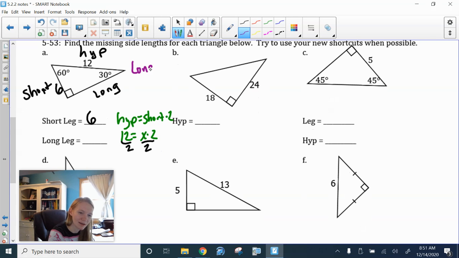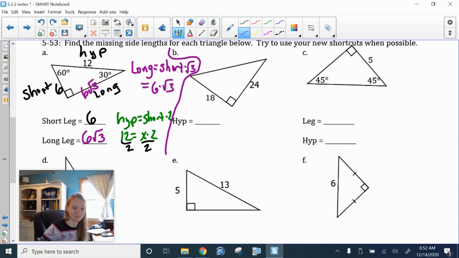The longer leg then is equal to the short leg times the square root of 3. And so that's going to equal just 6 times the square root of 3, which is just 6 root 3. So I just keep using those equations and applying them.